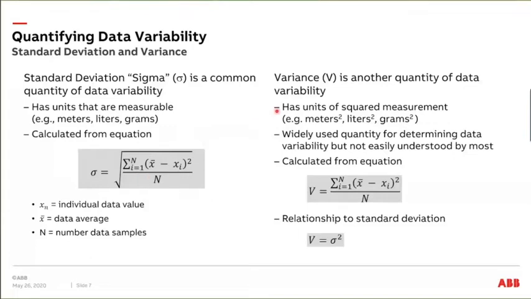Now, the variance in itself is probably not as common. Some people may understand standard deviation, and it's pretty simple, but the variance is just the sigma squared. So you take the sigma value and square it. Now, regarding units, sigma on its own uses the same units as whatever you're measuring.